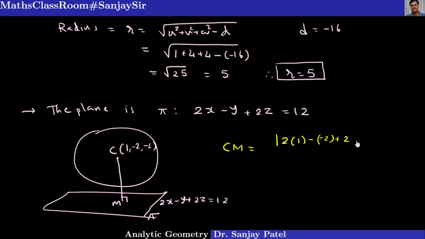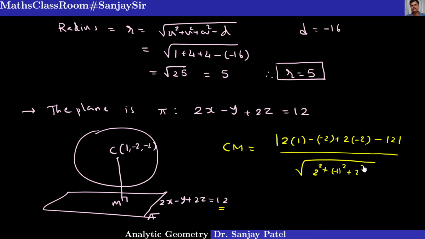Plus 2 into z, which is minus 2. And minus d, the value of this constant, that is minus 12. Recall that I am using the perpendicular distance formula for a point from the plane, upon square root of 2 square plus minus 1 square plus 2 square.